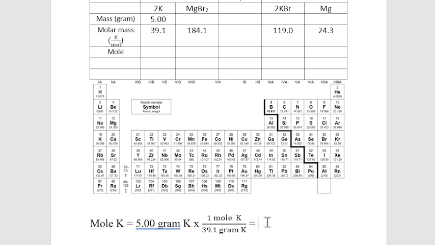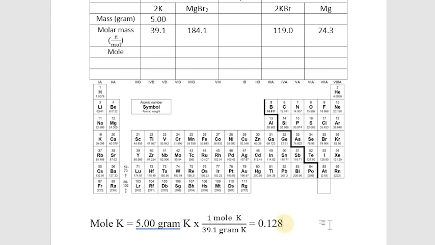And 5 divided by 39.1 is 0.128. On my calculator, it actually says 0.127877237. Of course, you don't want that many digits. We could keep it to 3 digits because the number of significant figures in grams is only 3.